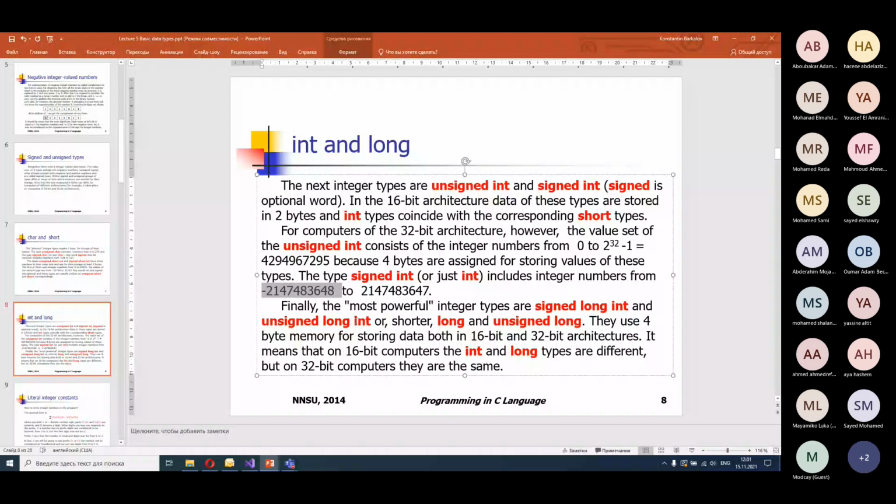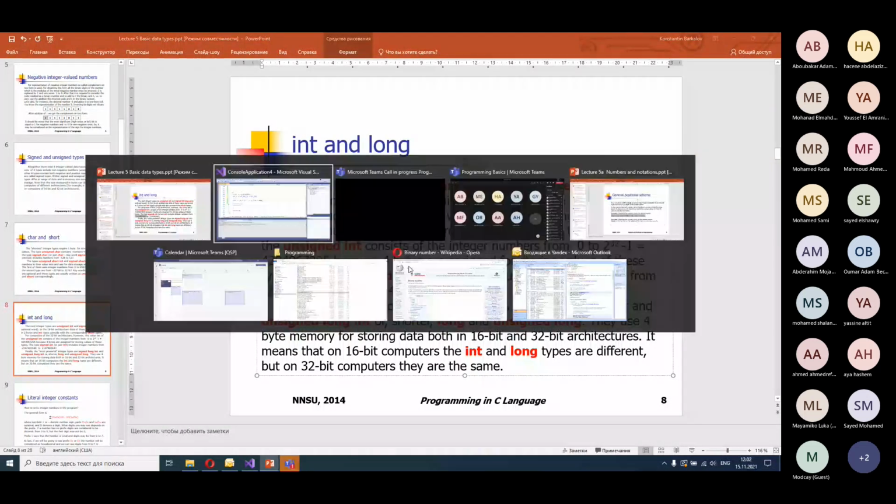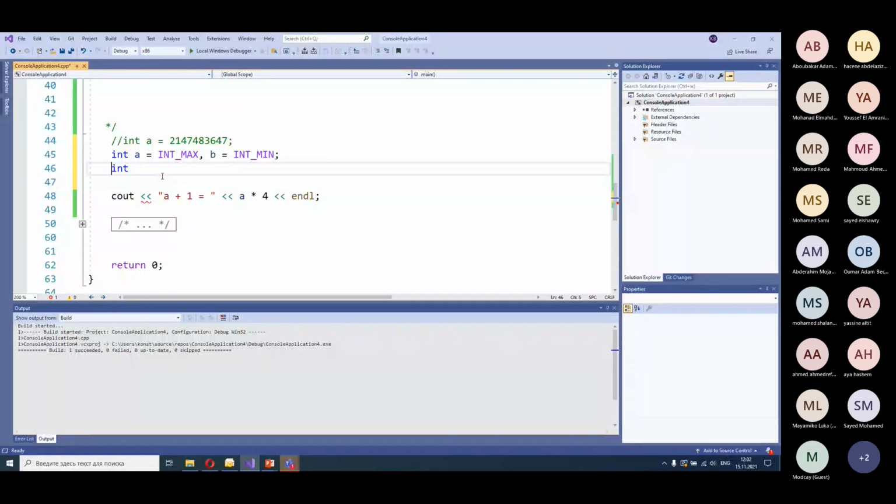If you want to extend the range of representation of int, you can use some special types, like, I don't remember how it's written, maybe with such a prefix, 64. Int 64 is a number that uses 8 bytes.